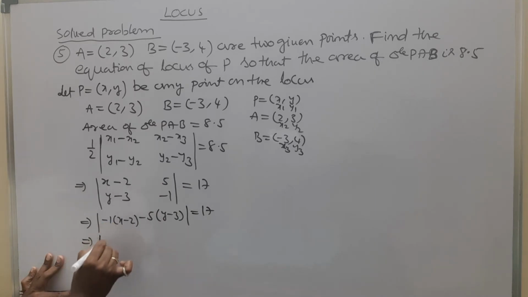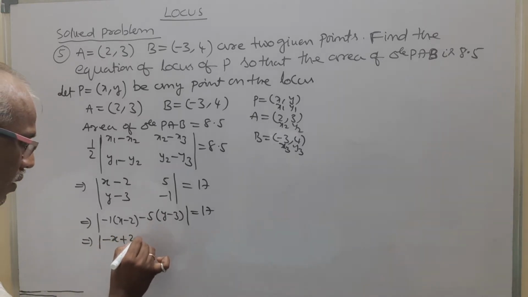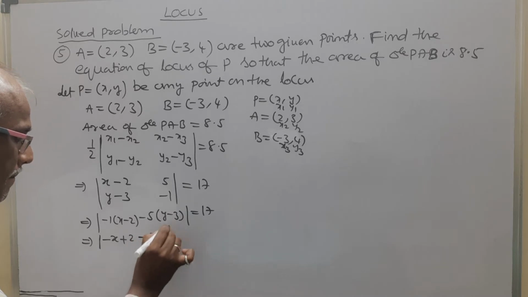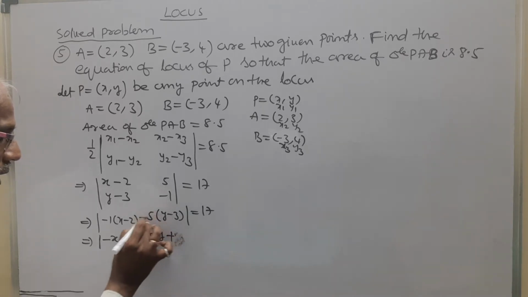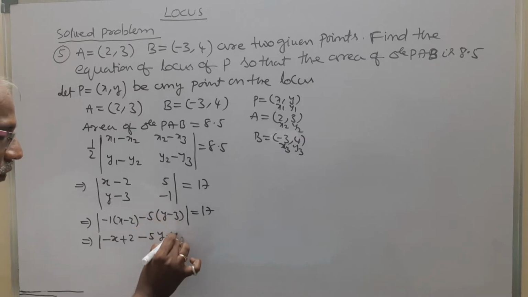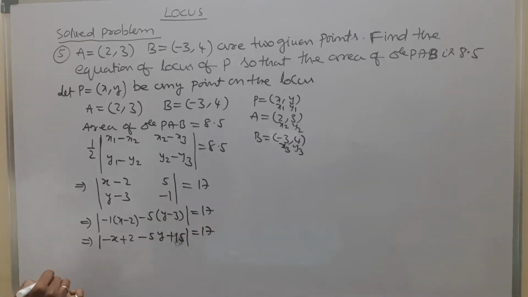Modulus of minus x plus 2, minus 5y plus 3, minus 5y, minus into minus plus 5 into 3 is 15, equal to 17.